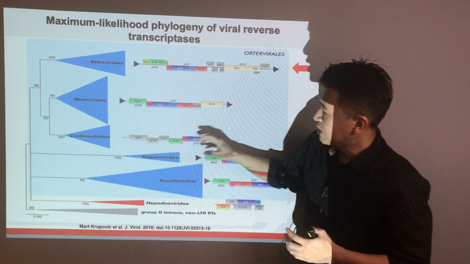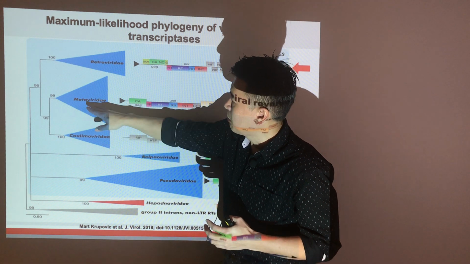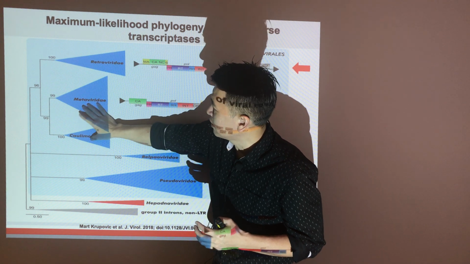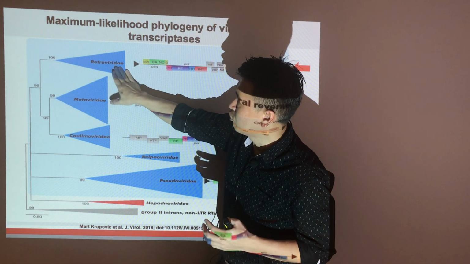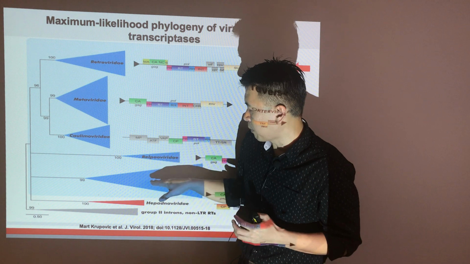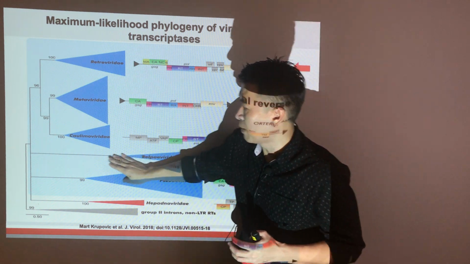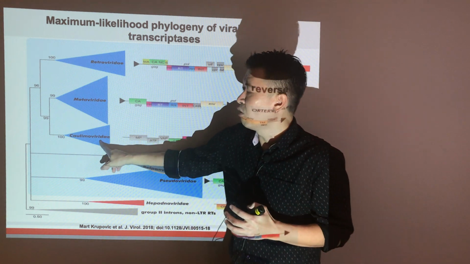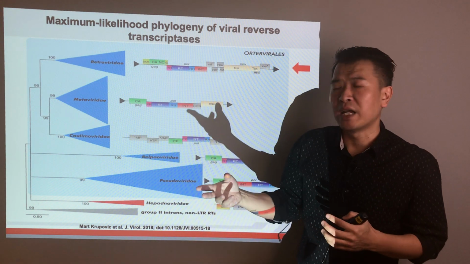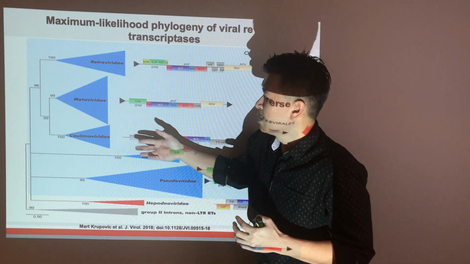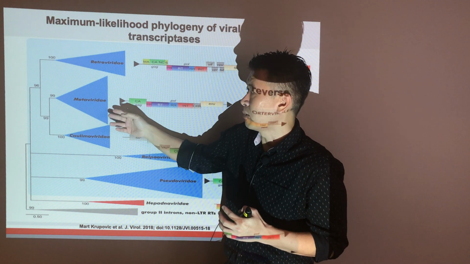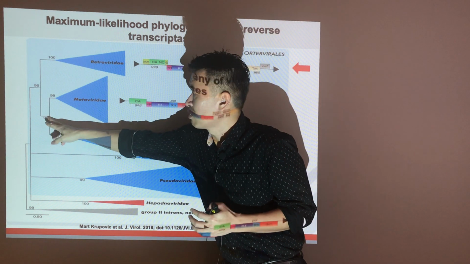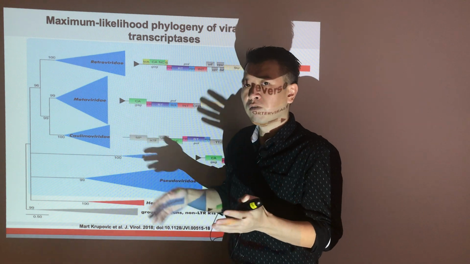All right, so what we see here is Calimoviridae and Meta are closely related, and they are closely related to Retroviridae, whereas Belpaoviridae and Pseudoviridae are more closely related to each other. Even though Calimoviridae is a double-stranded DNA virus and infects plants, you can see they are closely related, meaning that they come from the same ancestor over the period of evolution.